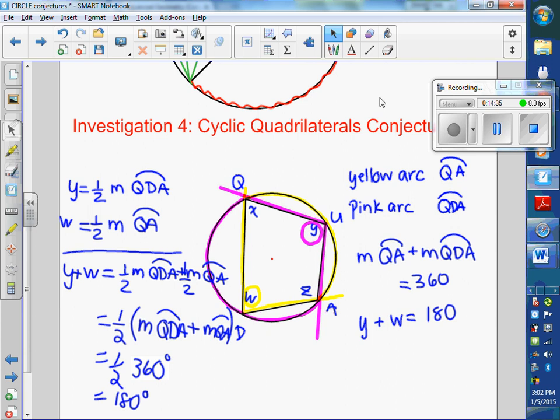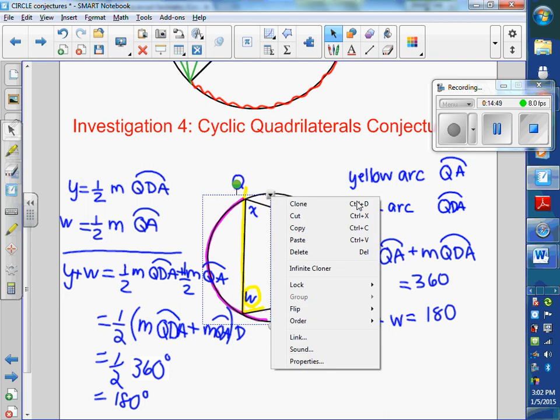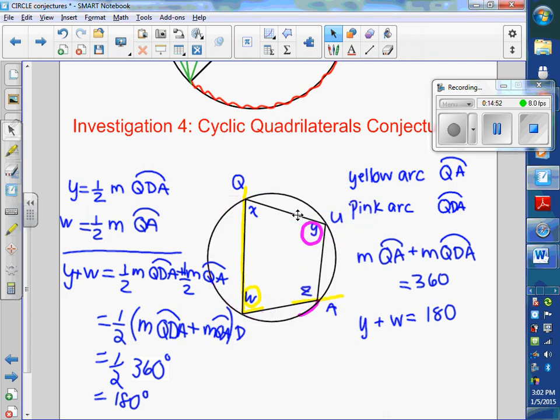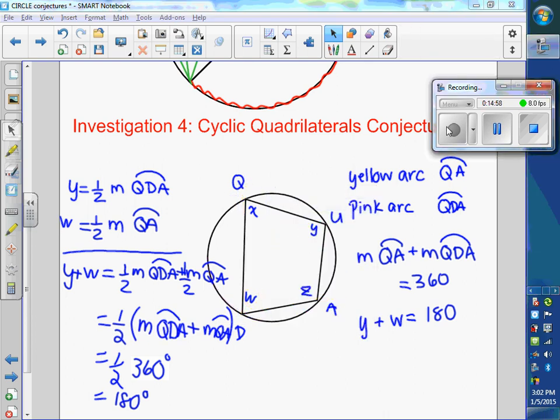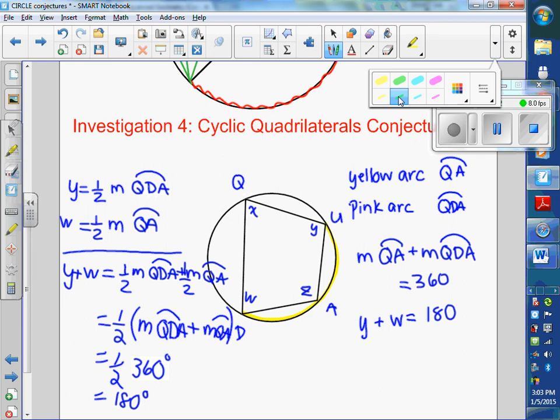So if I take away the highlighting, the same thing is going to be true for X and Z. If you look at X, the intercepted arc for X is in yellow. And if you look at Z, the intercepted arc for Z is in green.